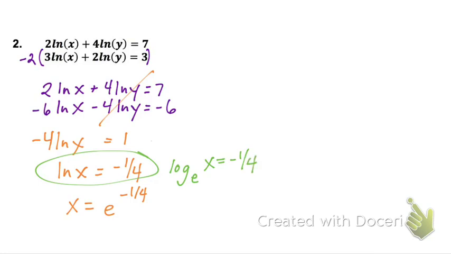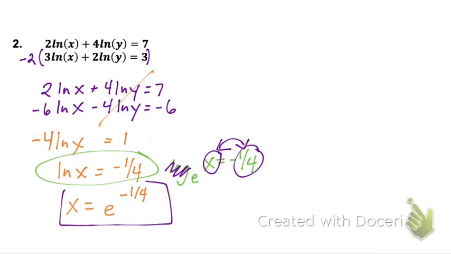How do we know when to switch between exponential and log? If we want to get x by itself, the only way is by switching it back to exponential form. So when I do that, the x and the 1/4 switch places, and the log goes away. So it becomes e to the negative 1/4 equals x. That's how I get this.